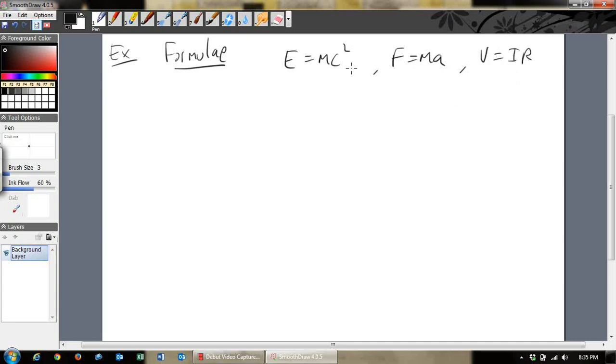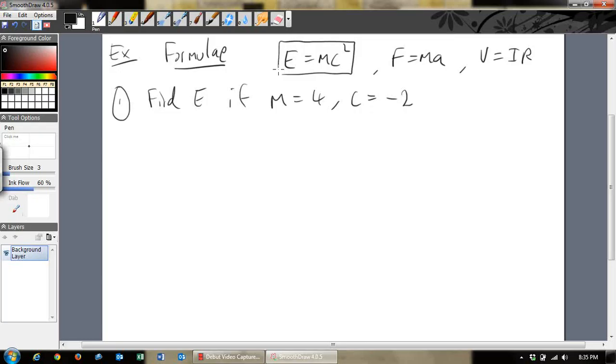There are all sorts of ones, and I might just use one of them. So in the first example, find E if m is equal to 4 and c is equal to -2, using this E equals mc squared formula.